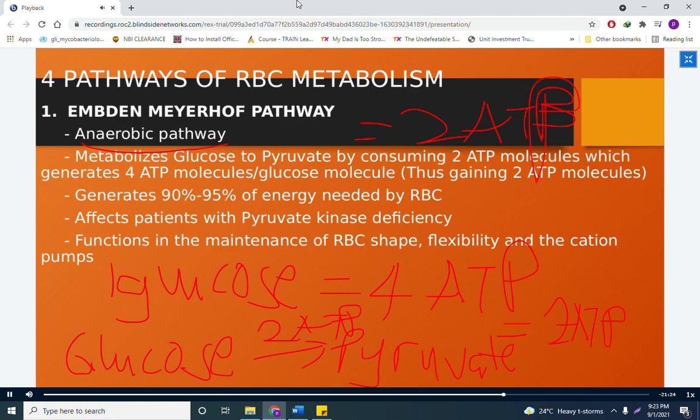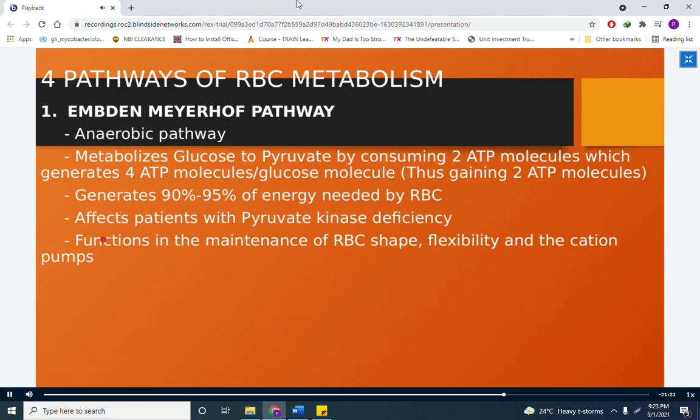Now, if you are asked, what do you call the end product of your Embden-Meyerhof pathway, class? Write it down, type it. What do you call the end product of your Embden-Meyerhof pathway?